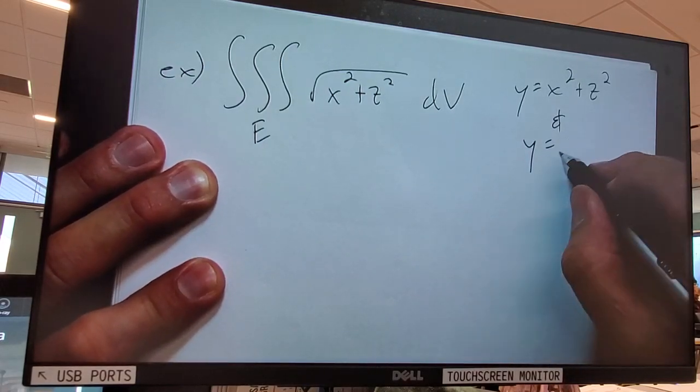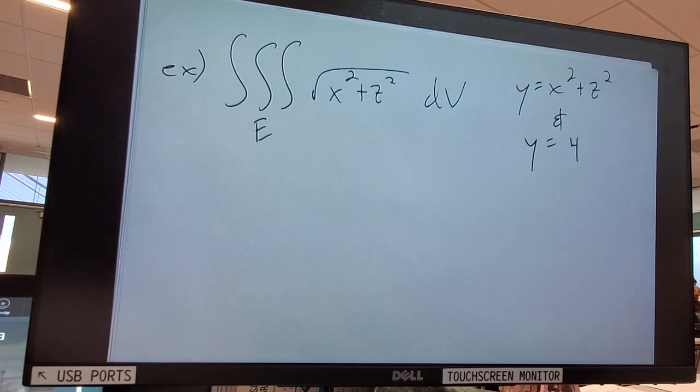Can I read my own writing? Yes, okay. Let's see where I got this from. There it is. It's y equals x squared plus z squared.